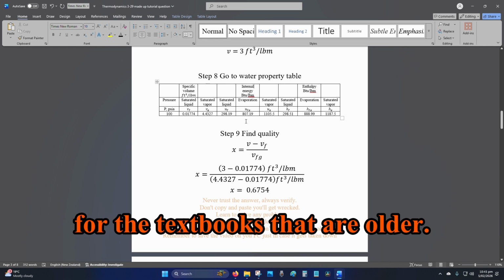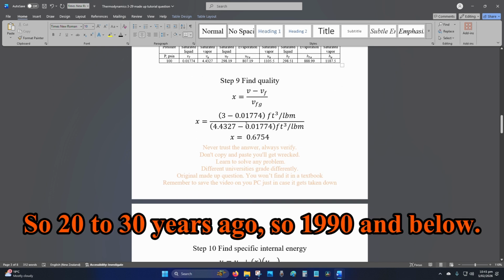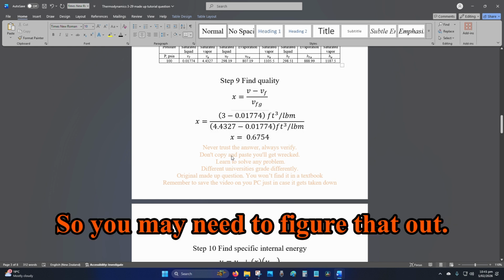For the textbooks that are older, so 20 to 30 years ago, 1990 and below, may not have UFG. So you may need to figure that out.